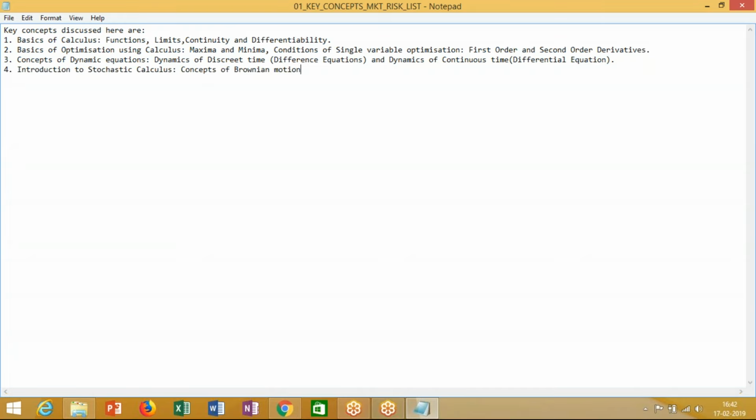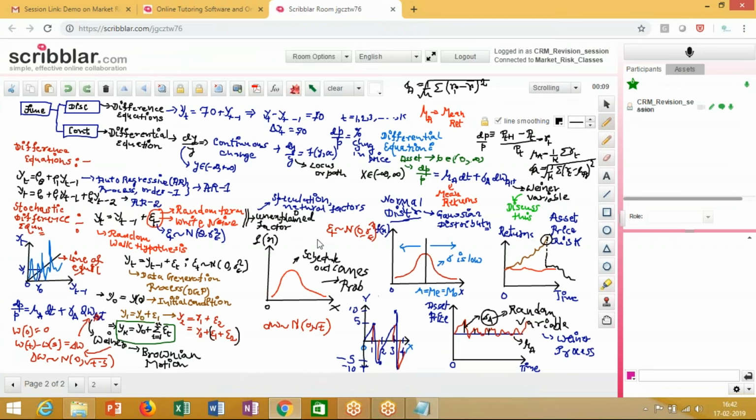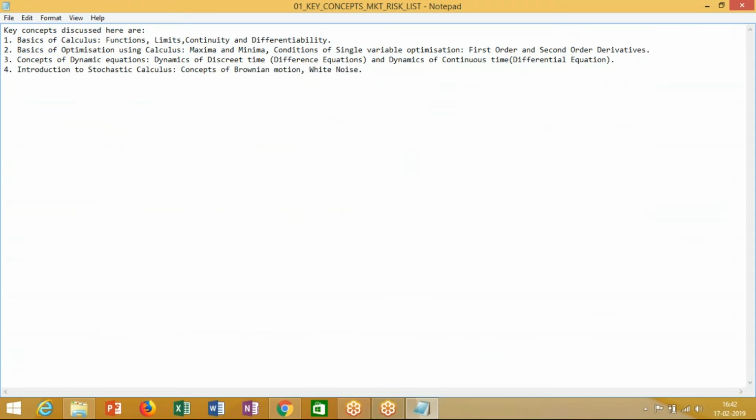So we introduce the concept of Brownian motion and white noise, right? When we talked about Brownian motion and white noise, this is where we brought in the elements of stochasticity into our analysis, right?